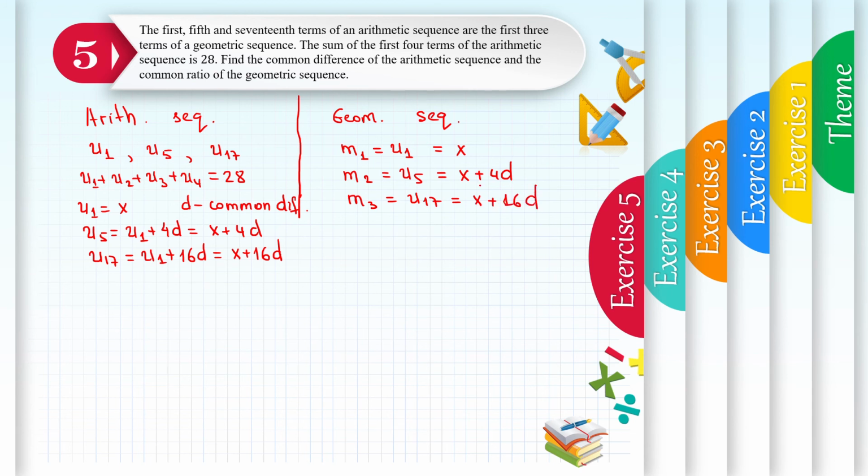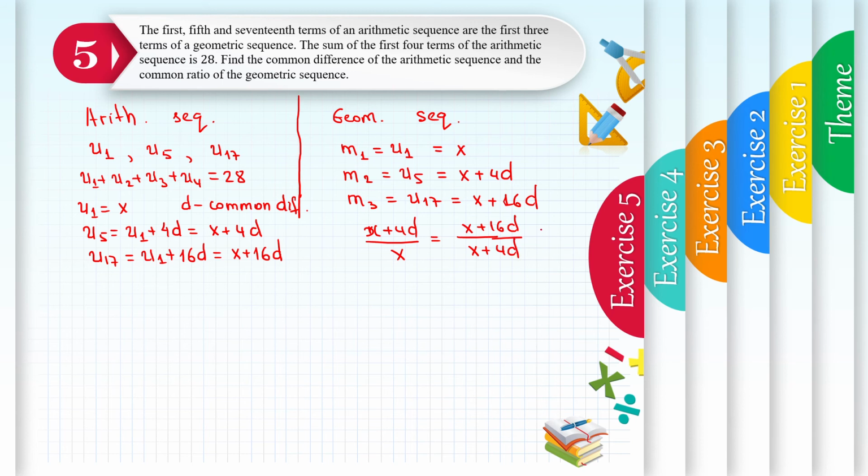Because we have three consecutive terms of the geometric sequence, the ratio of any two consecutive terms is constant. So this means that (x plus 4d) over x is equal to (x plus 16d) over (x plus 4d).